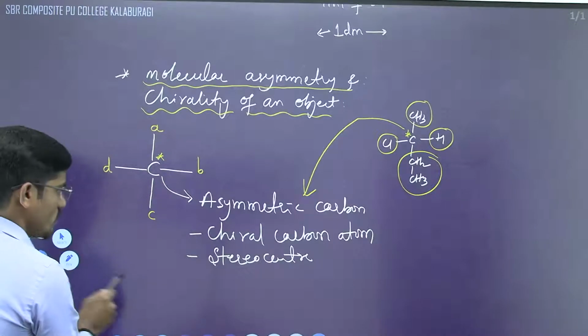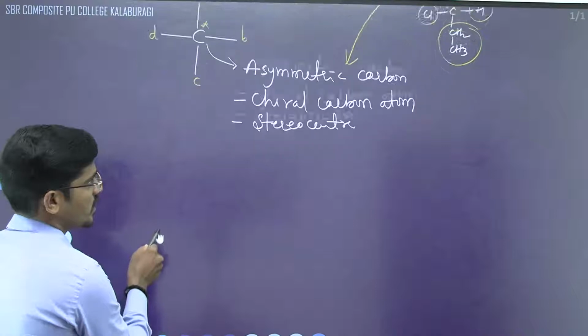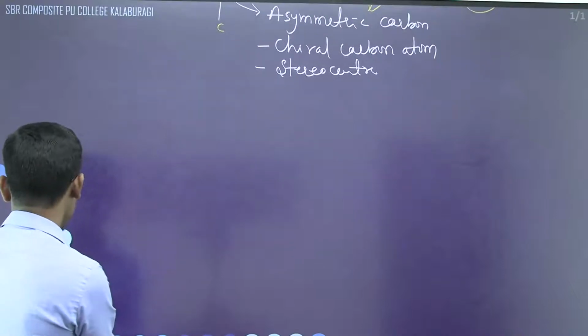As we know, carbon is tetrahedral in the geometry of an organic molecule.